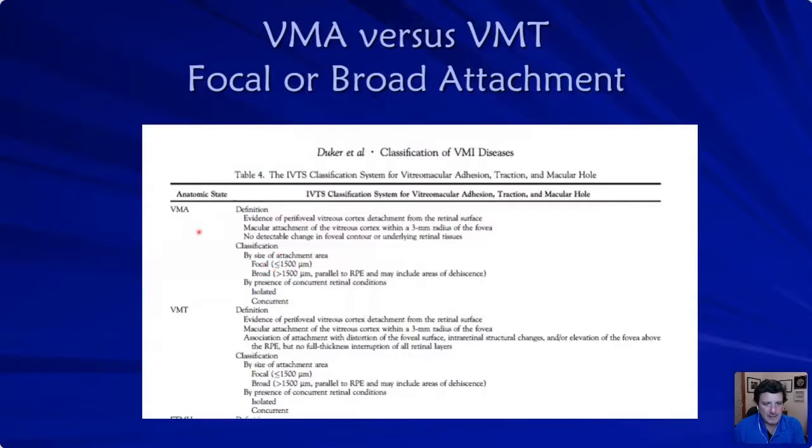Now, the vitreomacular adhesions, we see those all day long. It's when you start getting into the vitreomacular traction that you start getting that perifoveal detachment. You start getting distortions to the retina. And those are the ones that can lead to what's coming up, the full thickness macular holes.